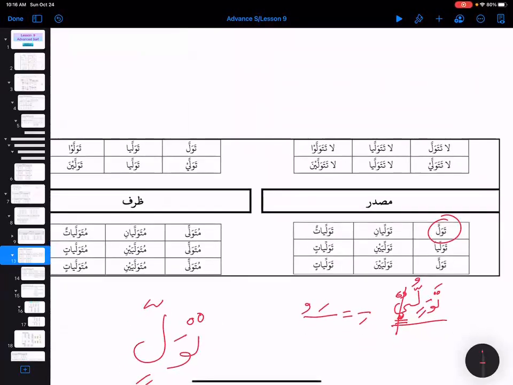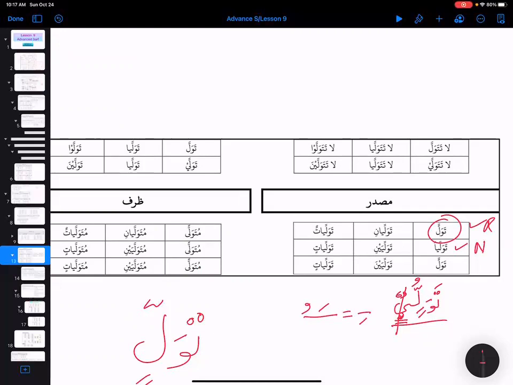So tawalliyan, when we are making it nasab, then we are going to say tawalliyan, but we are talking about the general. The rafa version would be tawallin. Nasab version is tawalliyan, right? Because we are giving two fatha, and two fathas need a chair, so we are giving the chair of alif.